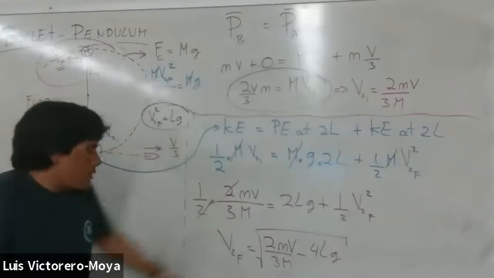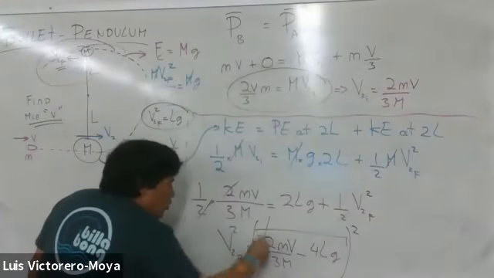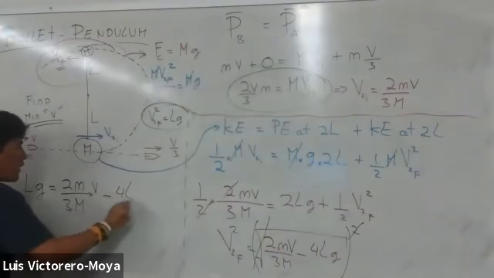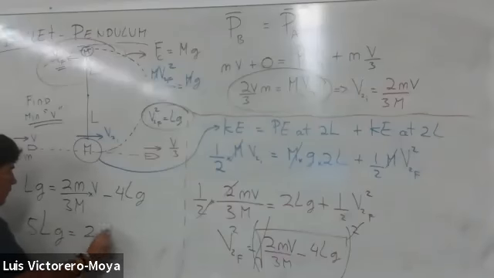If I square this, the root will cancel. V2 final square is that Lg equals to 2 little m over 3 big M times V, which I want, minus 4 Lg. Minus 4 Lg goes here as 5 Lg equals to 2 little m V over 3m, and I got the answer. My answer will be 5 times 3, 15 LgM divided by 2 little m.